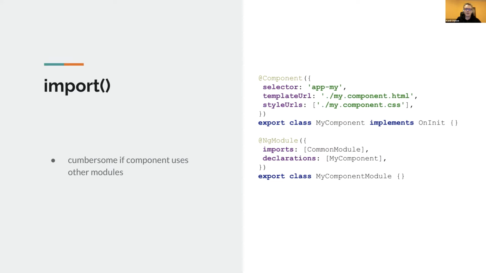At the time, when your component was using any other module, it was quite cumbersome to make it happen in Angular 9. But luckily, there was a workaround for that. In that component file, you had to also create an additional module that would declare the component and import any other required modules.